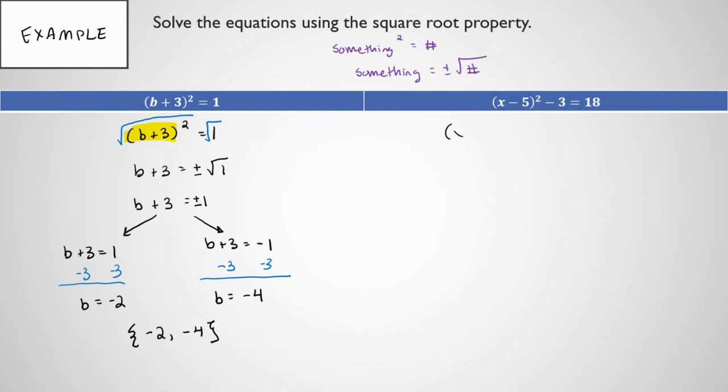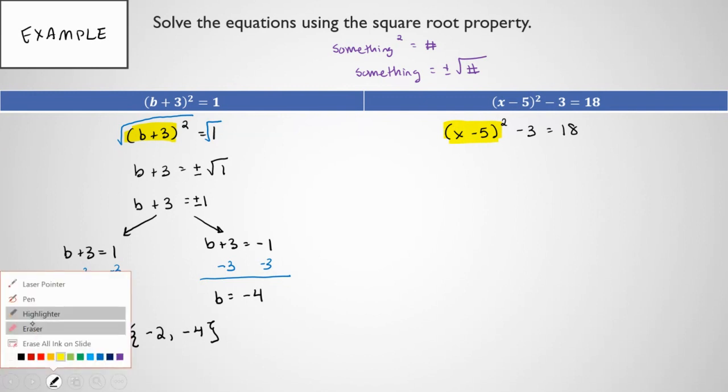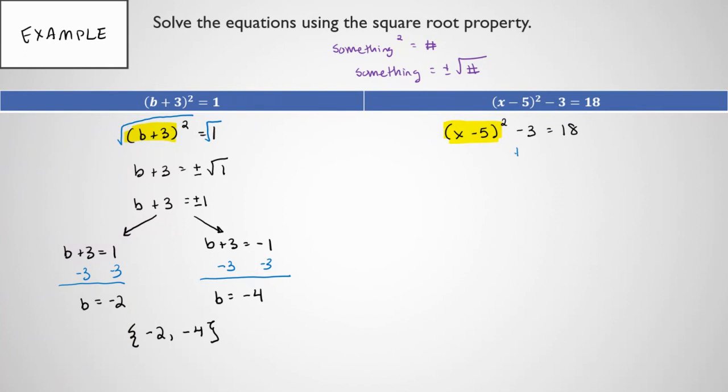So now let's look at x minus 5 squared minus 3 equals 18. The first step is we need to get the squared part by itself. We need to have that something squared equals a number. So we're going to add 3 to both sides.